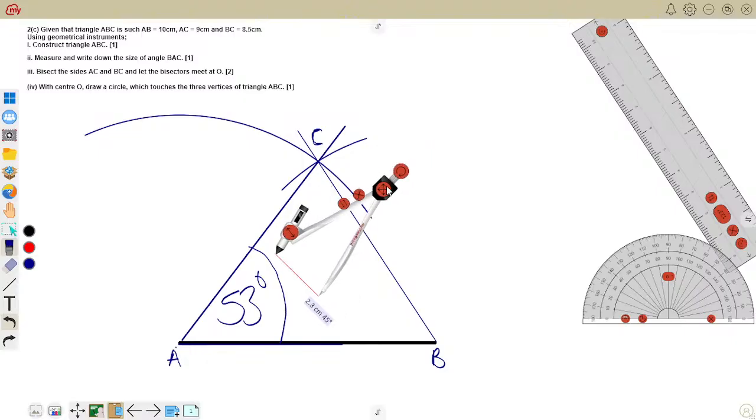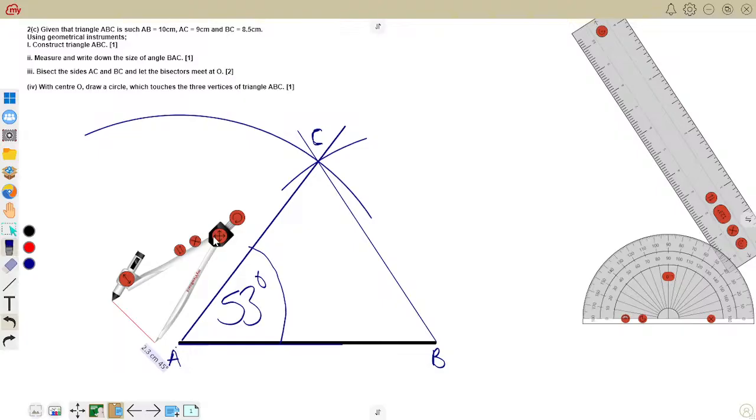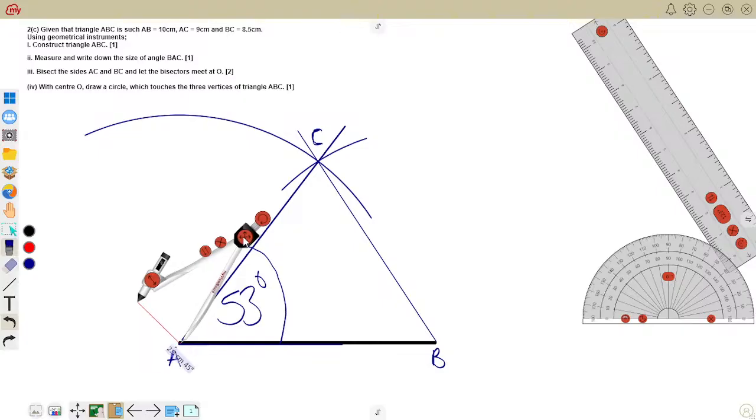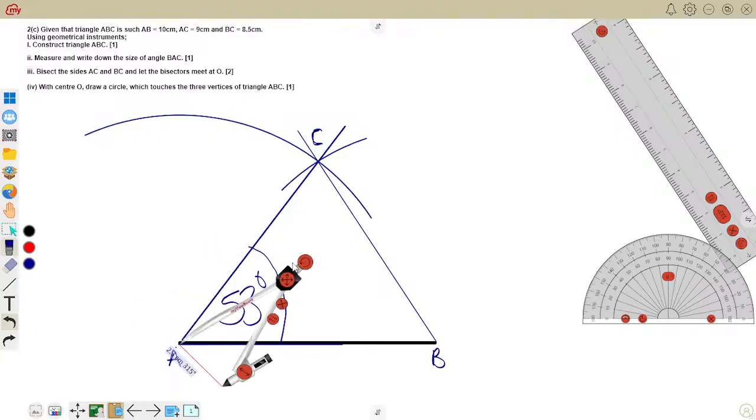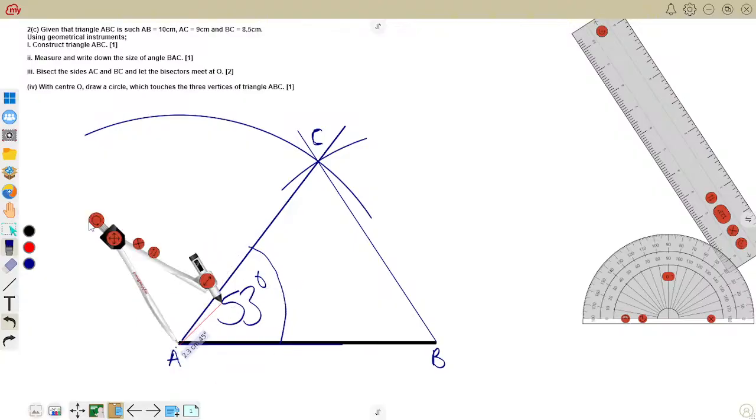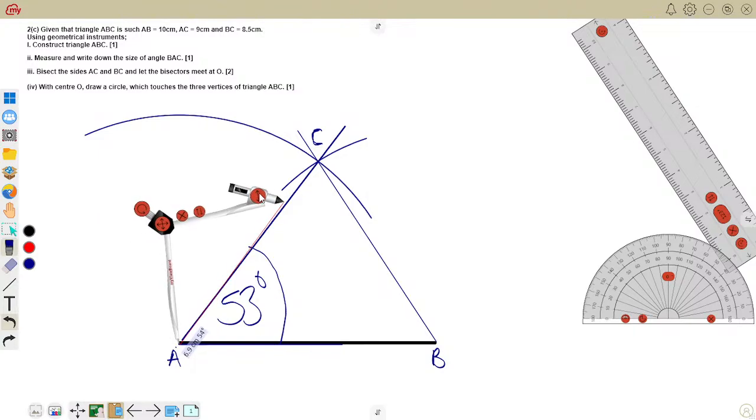So the line we need to bisect is AC. That is the one which is given, AC. So we start with AC. What I'm going to do is get this compass, put it on this point, then twist it. Then I'm going to get a length that is longer than 9 centimeters.